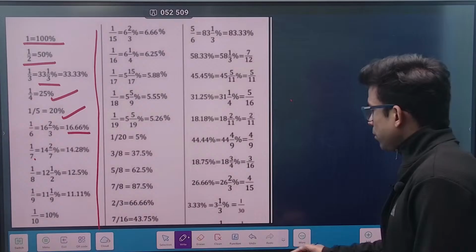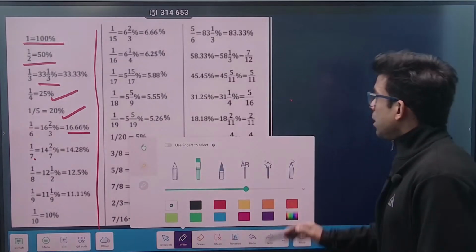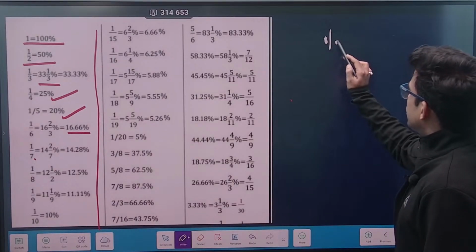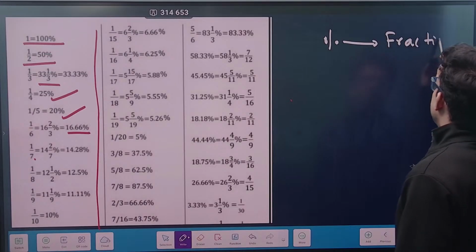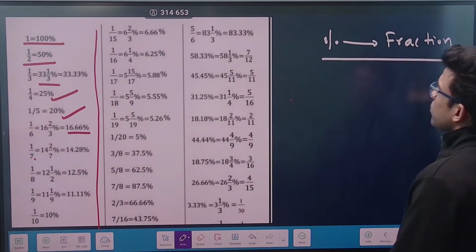What I am guiding you is how to change percentage to fraction form. Try to remember what I am saying.